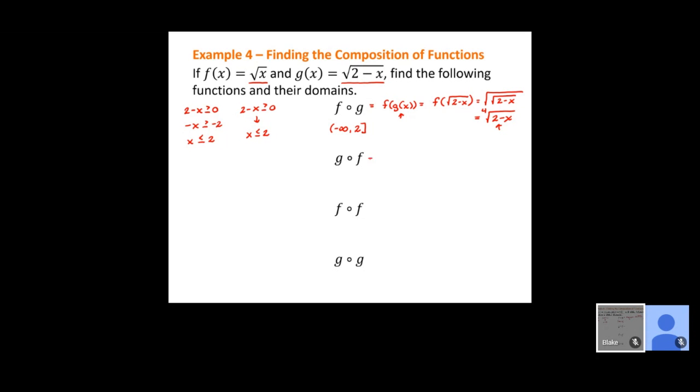All right, so let's look at g of f, so g of f of x. What's our inside function this time? Okay, good, the square root of x. So we're finding g of the square root of x. If I substitute that in, what's that going to give us?